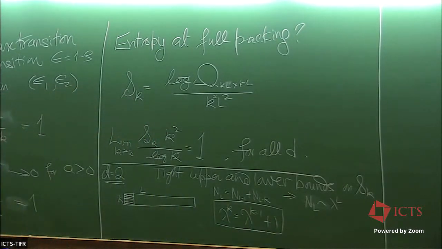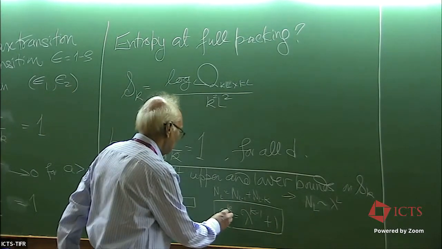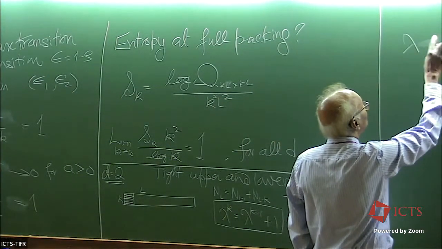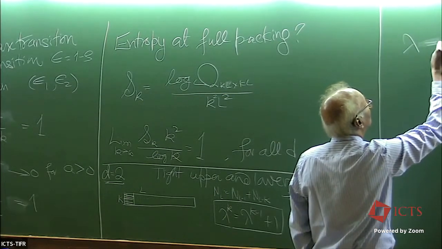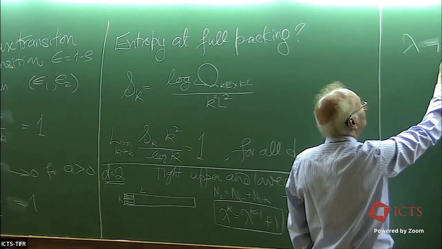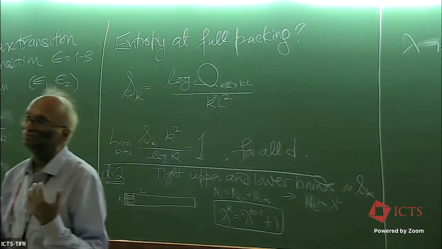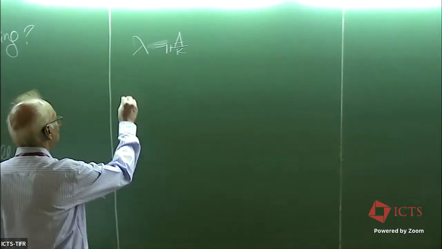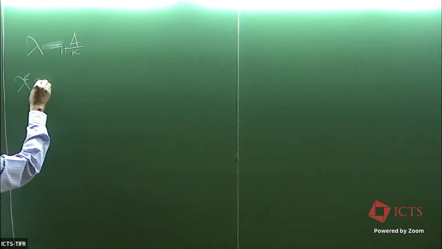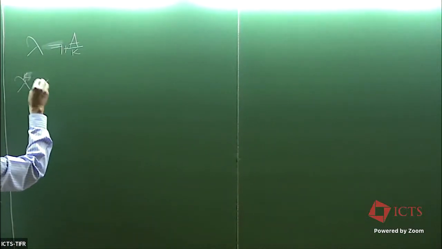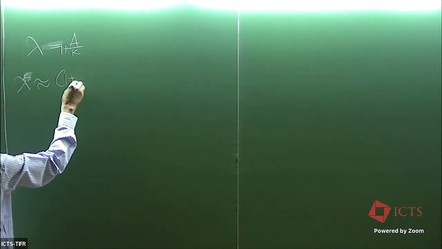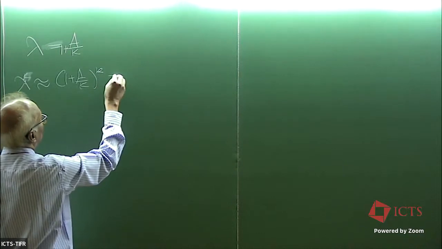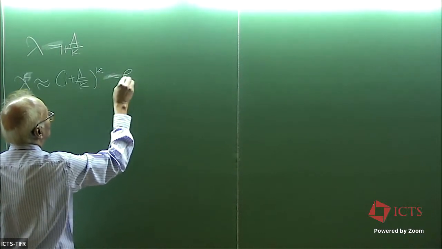Let me make a guess that lambda is equal to 1 plus a by k. You can make this substitution in this equation. Then for large k, lambda to the power k is approximately equal to 1 plus a by k to the power k, which for large k is e to the power a.